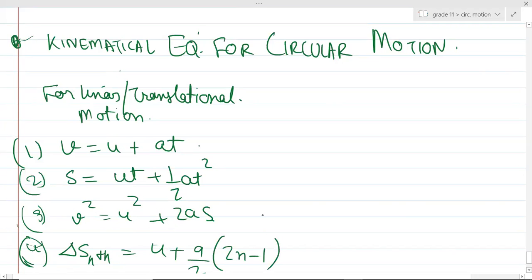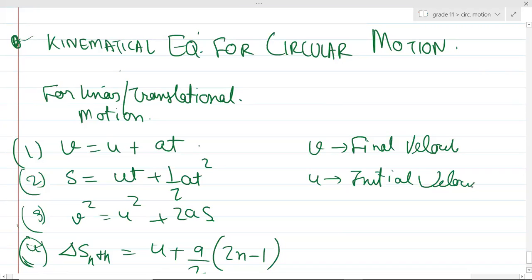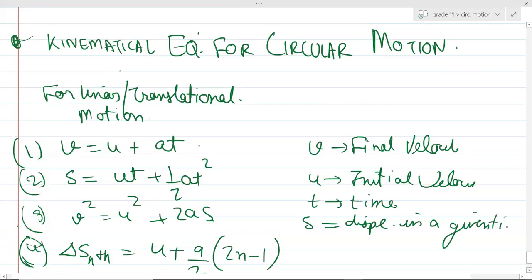I think everyone already knows about these equations. Here the terms have their usual meaning. V was the final velocity, U was the initial velocity, T was the time, S was the displacement in a given time, and A was the linear acceleration.